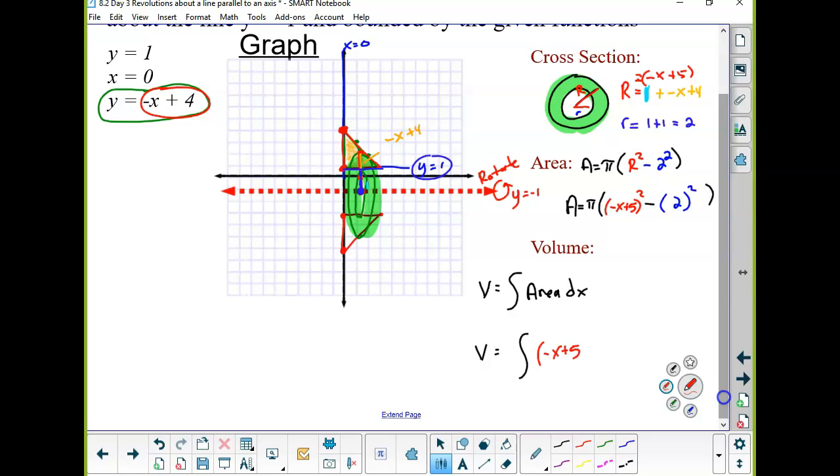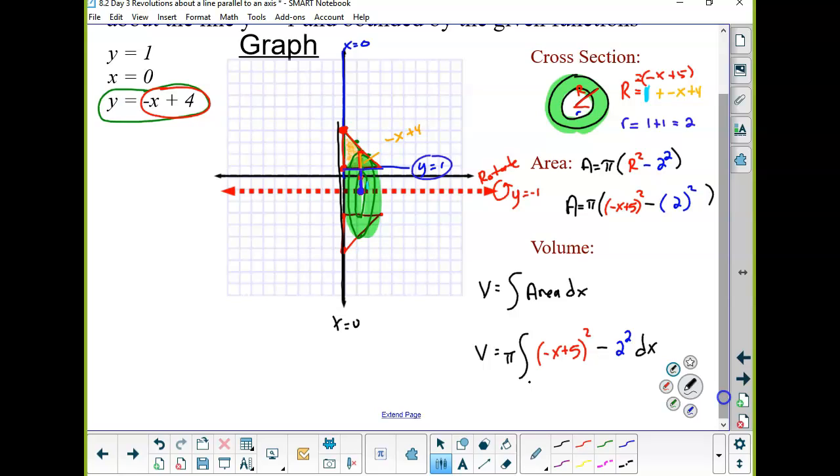Now we are going to do this one by hand. And I'm going to end up simplifying as well. Don't forget pi is that constant that can float to the outside. What are the bounds here? We're stacking up across the x-axis. So where's my first bound start?